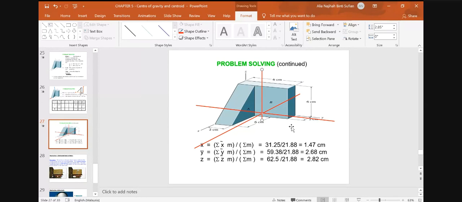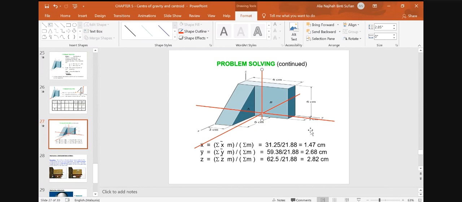Y, X first. If we look at X, it is inside the box, right? 1.47. It's inside the 2 centimeter, right? Yes, it's inside.